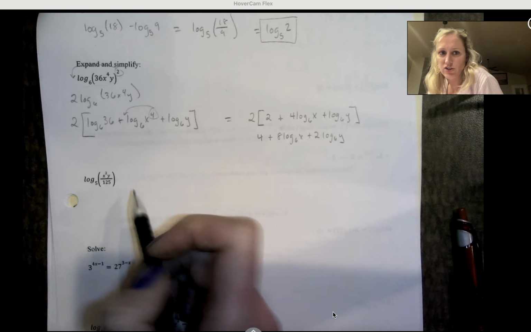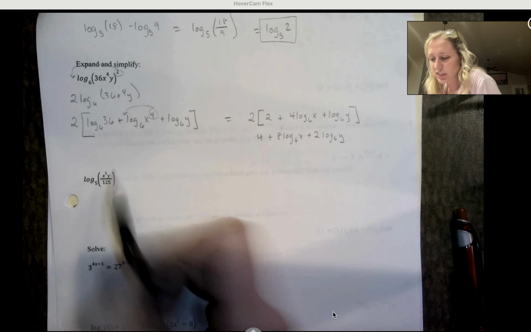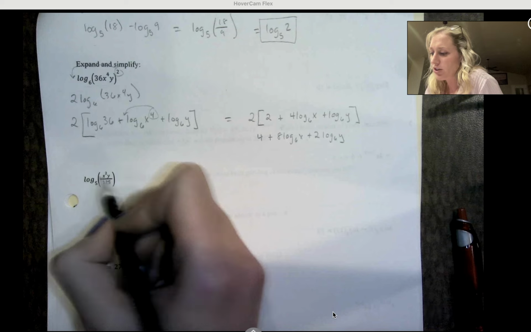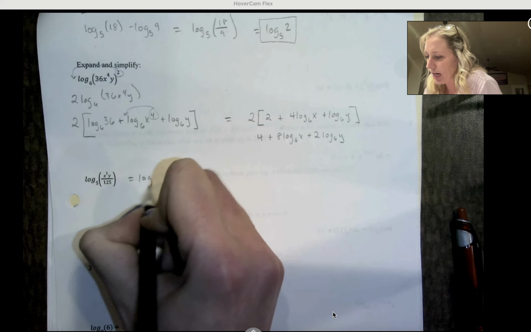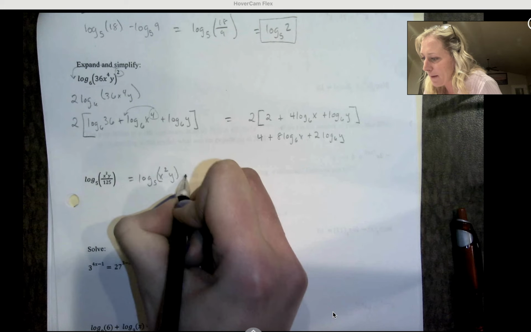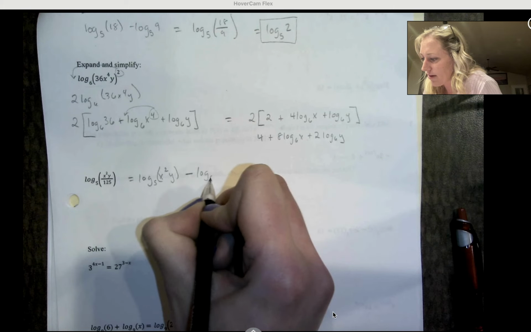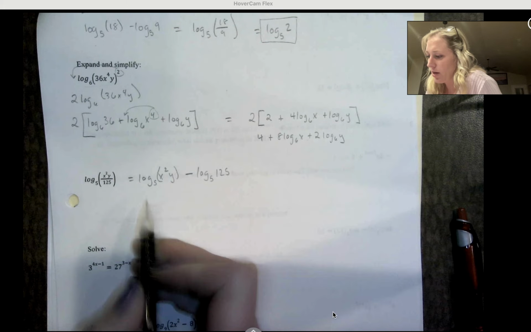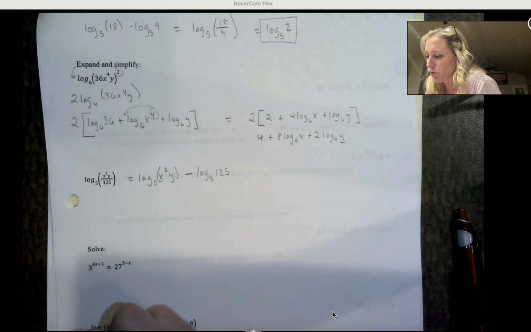Okay, we have the same directions here to expand. So I'm first going to split apart the fraction. So the fraction is division, this separates into subtraction. So the numerator is the first one. So we've got log base 5 of x squared y minus log base 5 of 125. Okay, we again can split this into addition.